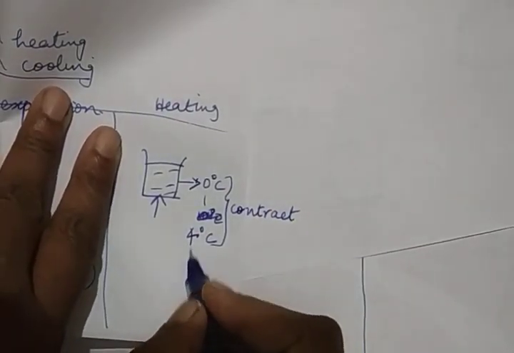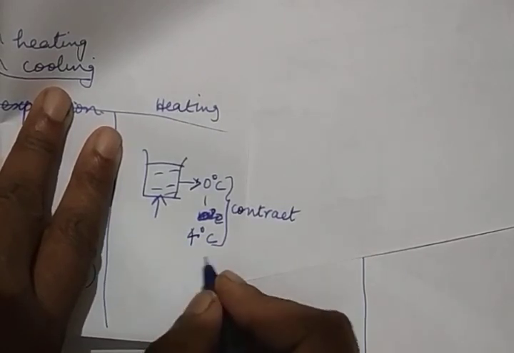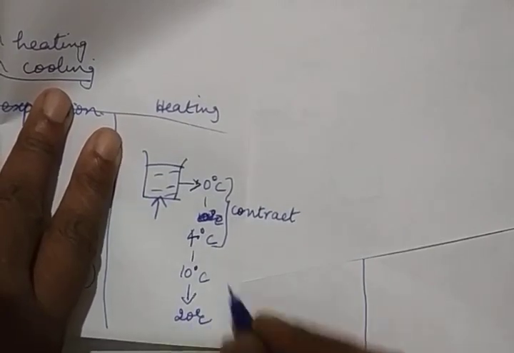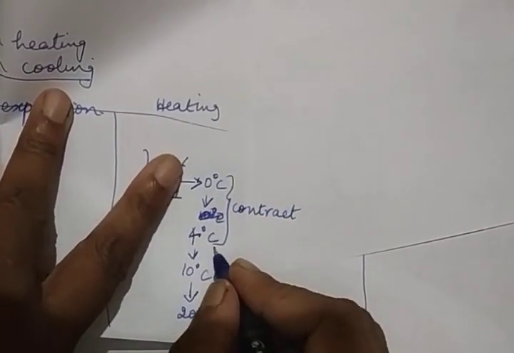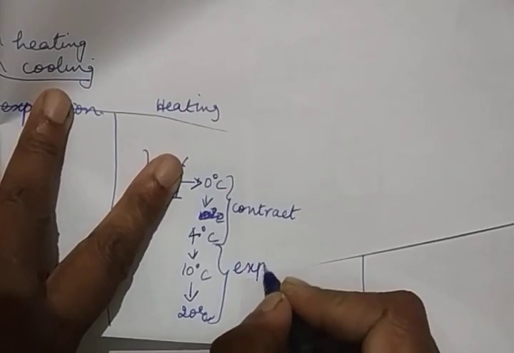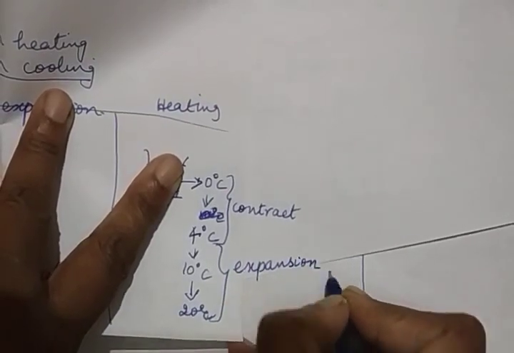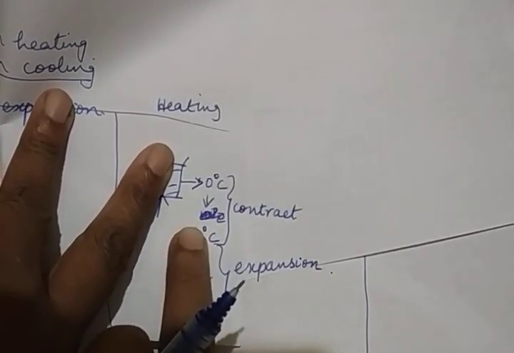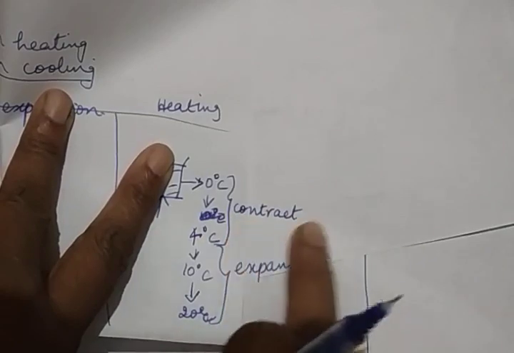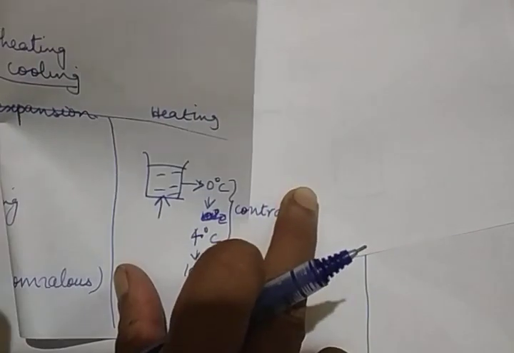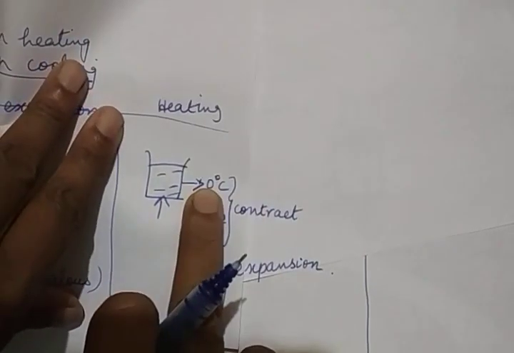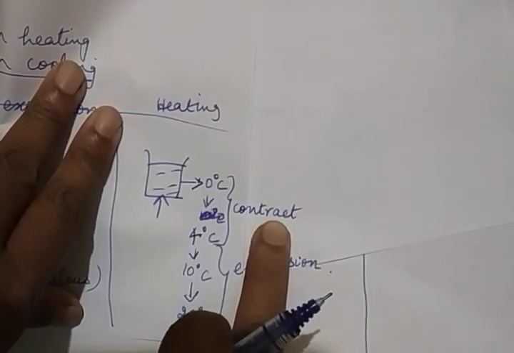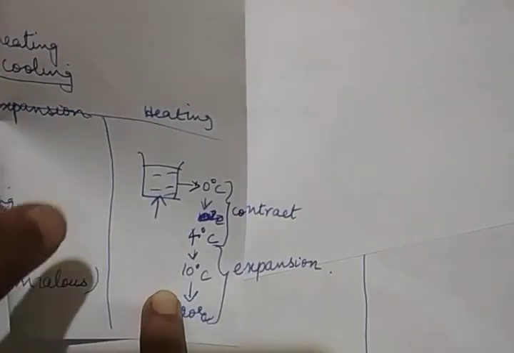Then after 4, you keep heating, and it will undergo expansion till 20 or whatever temperature you're heating. But only from 0 to 4 degrees Celsius, when you heat it, it was contracting. This is also possible, not necessary only when you cool it. Even when you heat it between 0 and 4, instead of expanding, the water will contract. That is also a part of anomalous behavior.